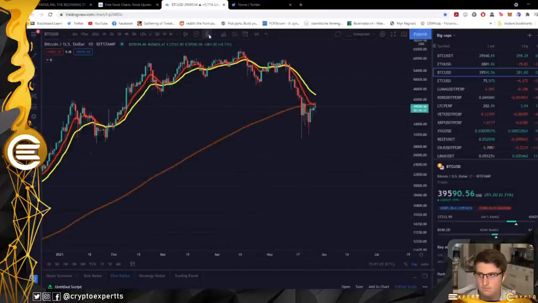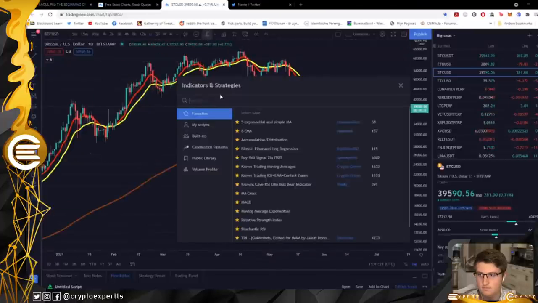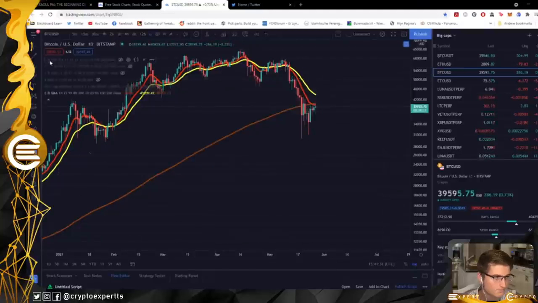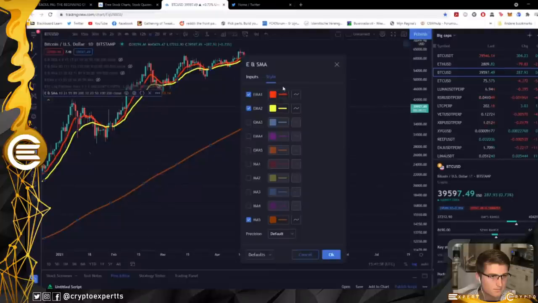If you want to add the EMA, you have to click on the indicators and strategies, and you just search up 5 exponential and simple EMA, and they will show up. Like here on the left, I have my indicators. I have a paid version. You can screenshot this. I can share my styles right here. You guys can copy it.